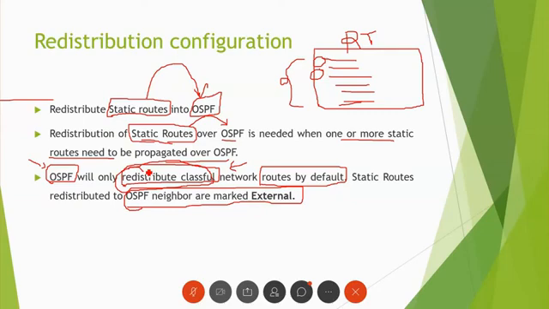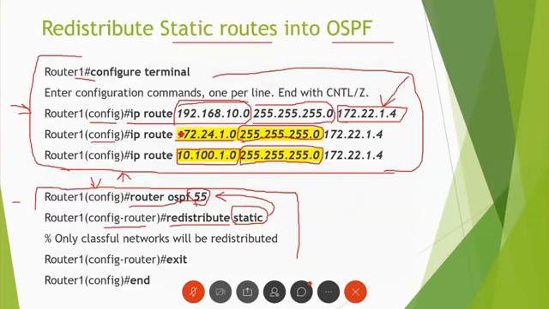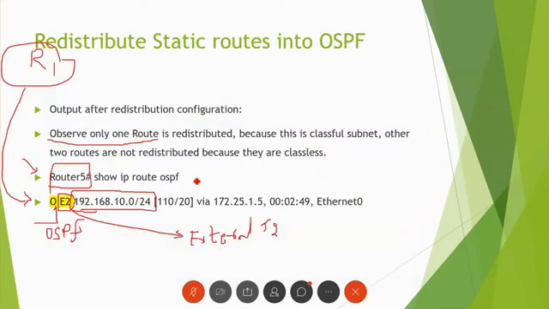Whereas the second and third static routes are classless and hence not redistributed into OSPF. So we have discussed the concept of redistribution, the rules we have to take care of during redistribution, and specifically static routes into OSPF.